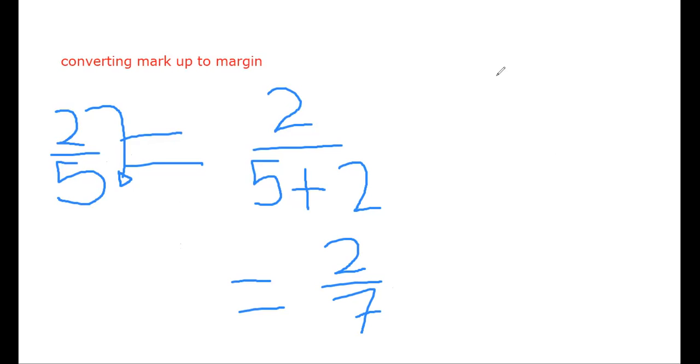And now in case where you are told that your sales is $100, your sales is $100. So you are given sales and markup. Therefore, you had to convert to margin. So now after converting, now you have your margin of 2 over 7.